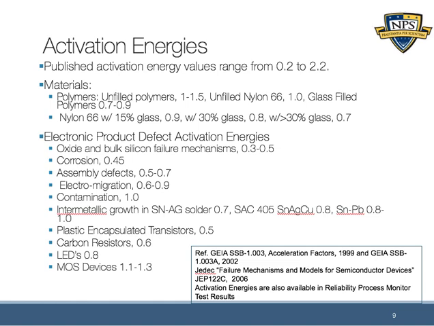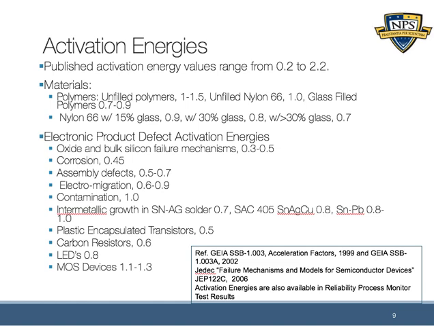So unfilled polymers have like a 1 to a 1.5. Unfilled nylon 66 has a value of 1. Glass-filled polymers like a 0.7 to 0.9. And you know, there's some other examples. The nylon 66 with 15% glass is a value of 0.9, and so on and so forth.